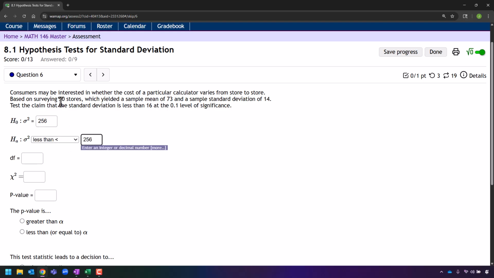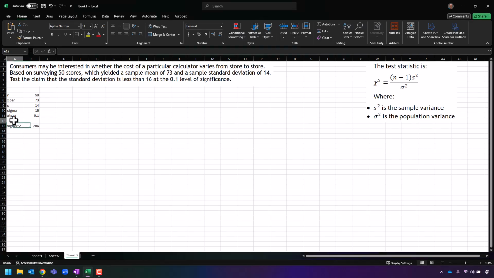Our degrees of freedom, remember, they're one less than our sample size. So this is 49. And then we need to figure out our test statistic. So again, the degrees of freedom in this case is equal to n minus 1. And that's 49. Now we have our null hypothesis. Let's figure out what our test statistic is.